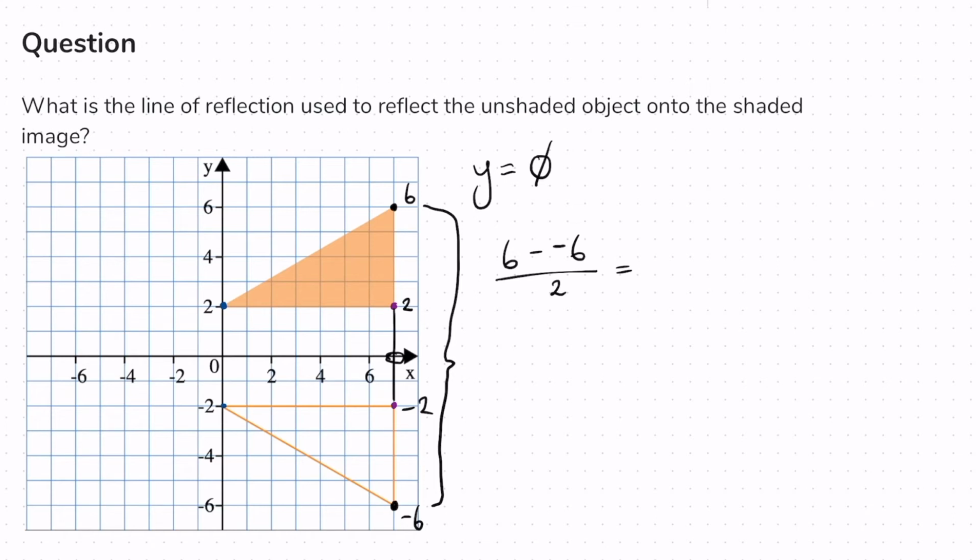So 6 plus -6 is 0, divided by 2. Which gives us 0. So what's the line of reflection? The line of reflection is y equal to 0.